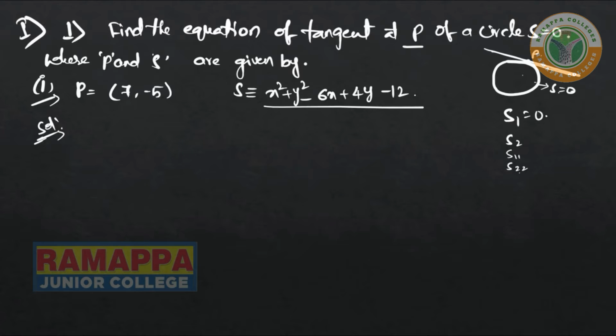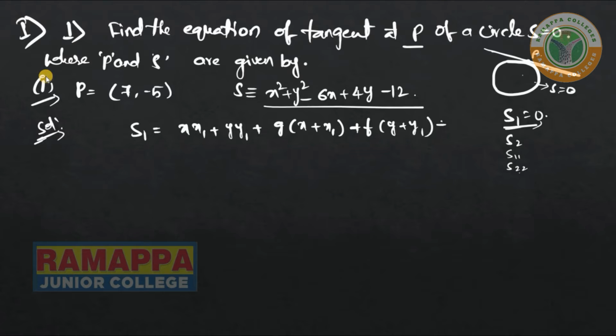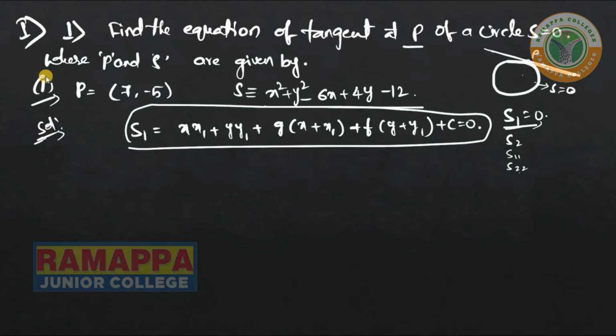The formula is S1 equals x·x1 plus y·y1 plus g(x plus x1) plus f(y plus y1) plus c equals 0. We substitute the values of x1, y1, and get g and f from the circle equation.